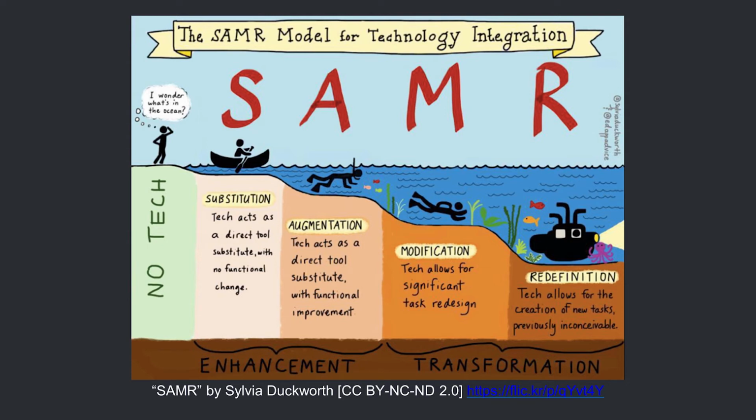Some of the visual models for SAMR represent it as a pool of water, a body of water with a shallower end and a deeper end. And that's not necessarily with respect to the depth or the value of the educational experience. It's simply a way to think of how I use technology tools and what benefit I would get from them in a classroom. And so one model that we'll explore shortly really takes a look at this idea of enhancement versus transformation using technology.